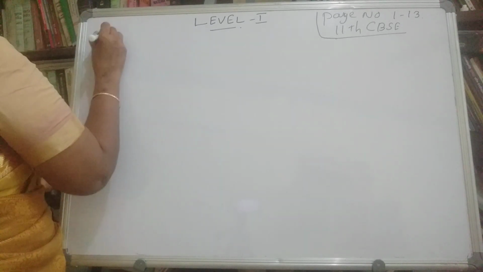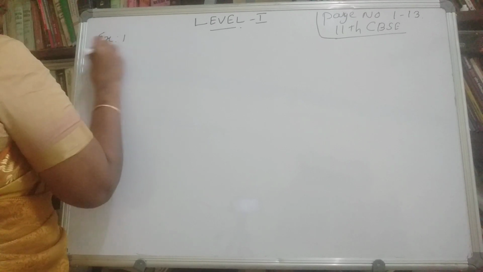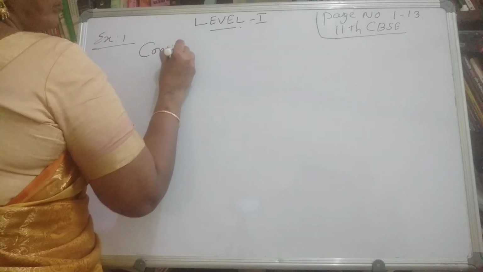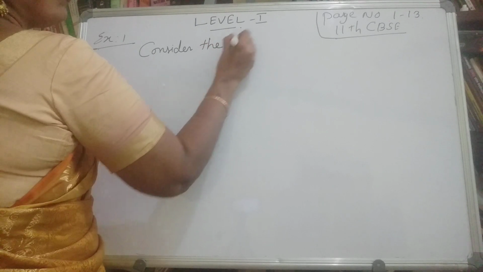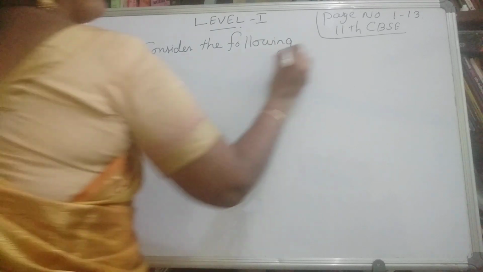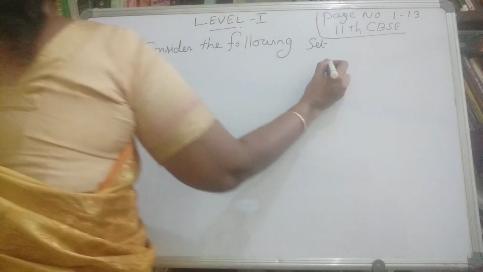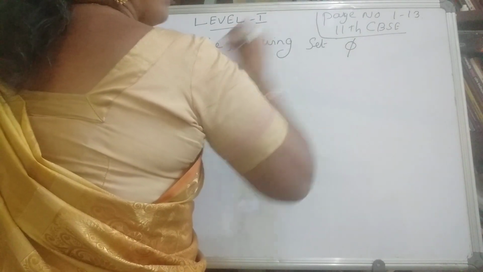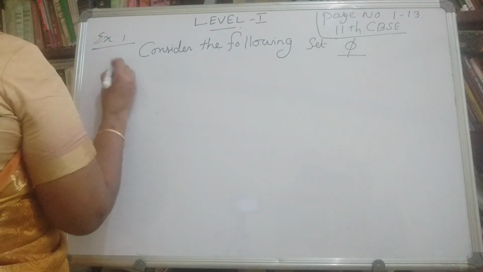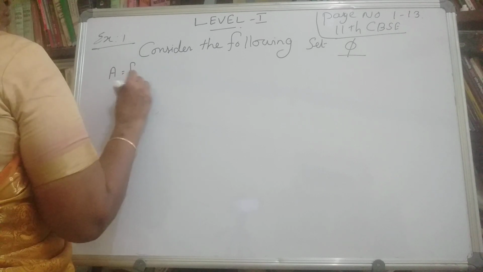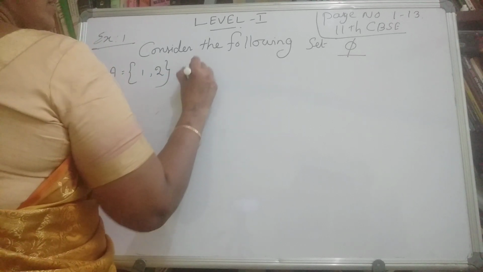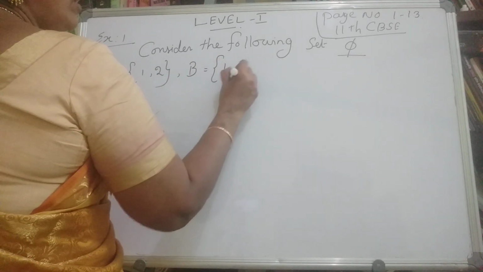Consider example 1. Consider the following sets. The null set. Set A is 1 and 2. Set B is 1, 4, 8.